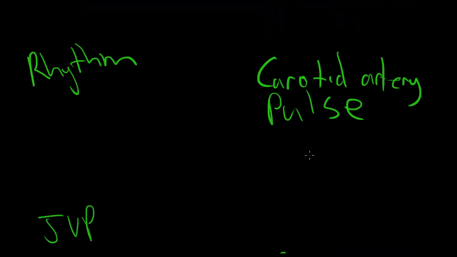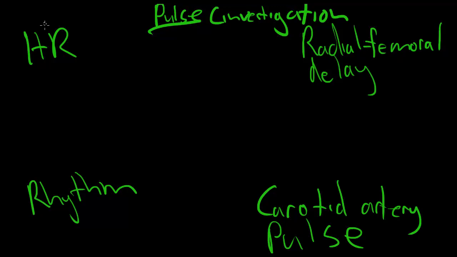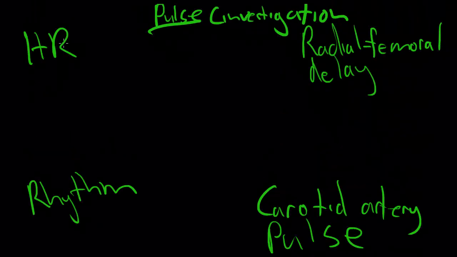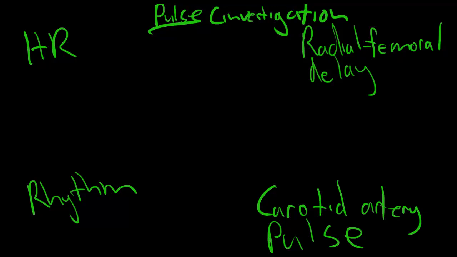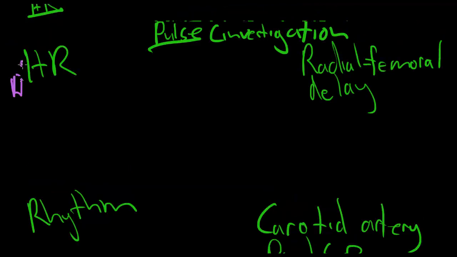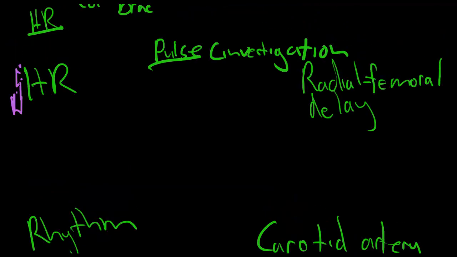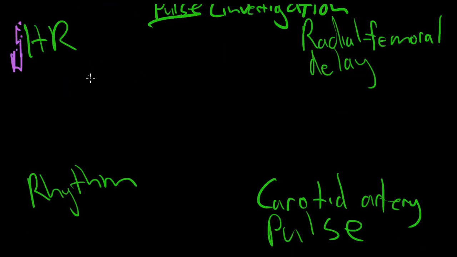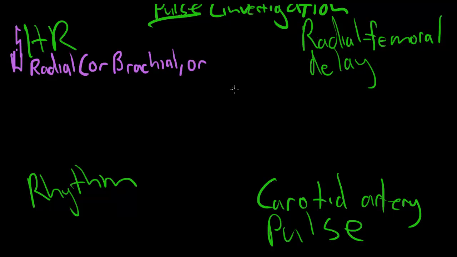Alright, so there's a lot you do. So we'll start off with the real basics of measuring heart rate. This is normally done at your radial pulse, or brachial if you can't get your radial, or at the carotid.